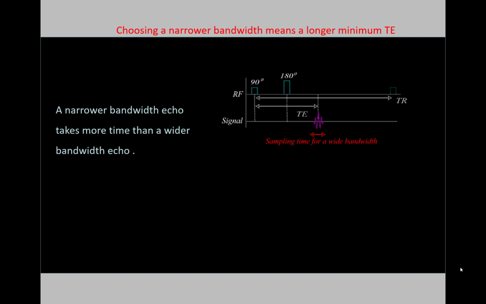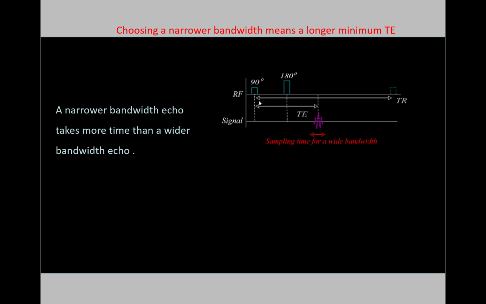Another effect of bandwidth is on the minimum TE value that we can use in a sequence. So it turns out that choosing a narrower bandwidth means a longer minimum TE. Okay, now that sounds a bit complicated, so let's just look at it on a spin echo sequence to see what we mean.